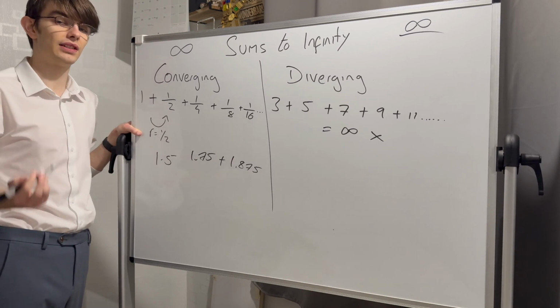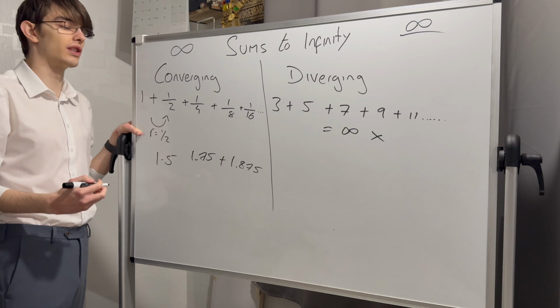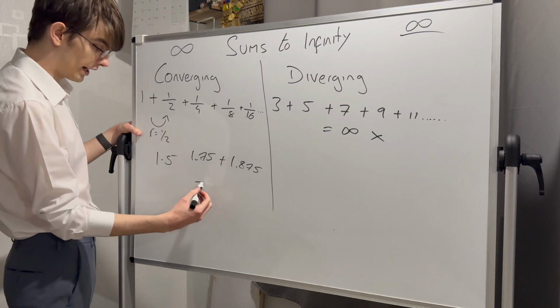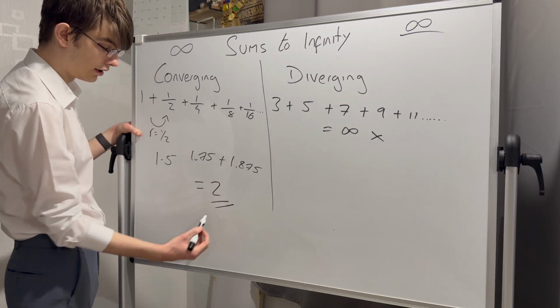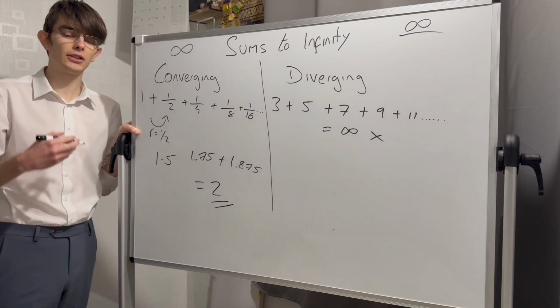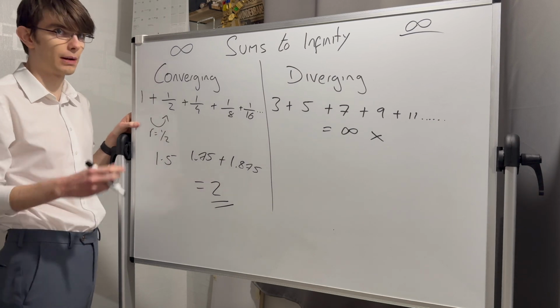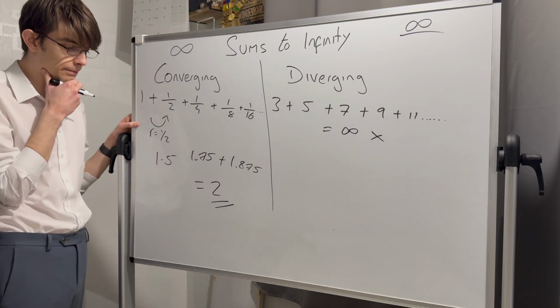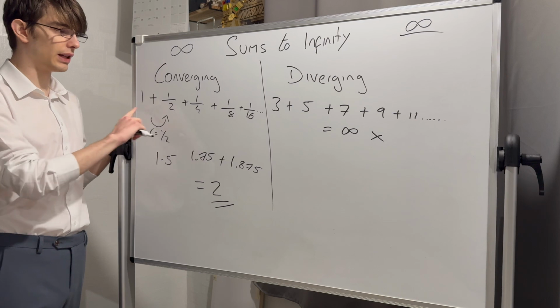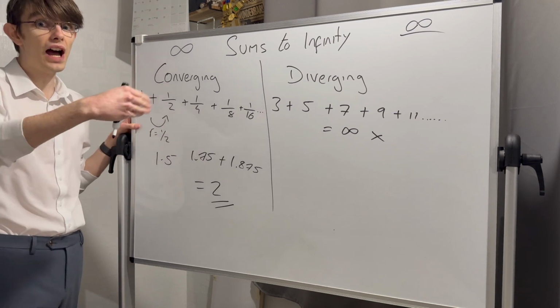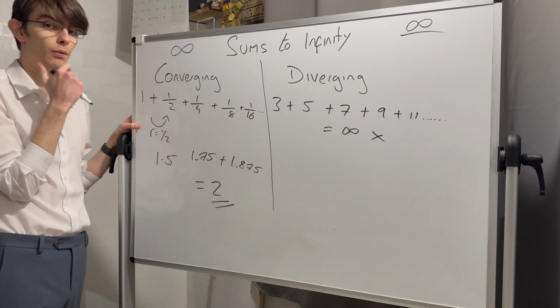If we keep putting this into a calculator, what we'll notice is eventually the calculator will tell me the answer is 2. Probably by that point we're talking about in the thousands, I would imagine, depending on when your calculator starts rounding, it's going to tell us that if we add all these numbers together, forever, it will round to 2.